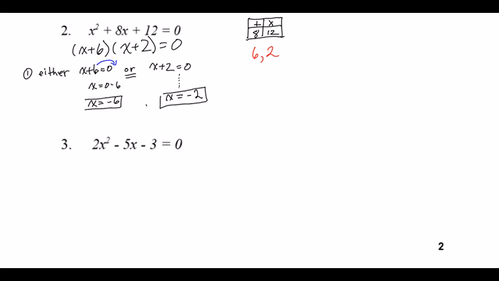Notice I'm putting a box around here, and I'm putting an or here, and I'm also putting in the second step of our problem. So you'd say the solution is x equals negative 6 or x equals negative 2.